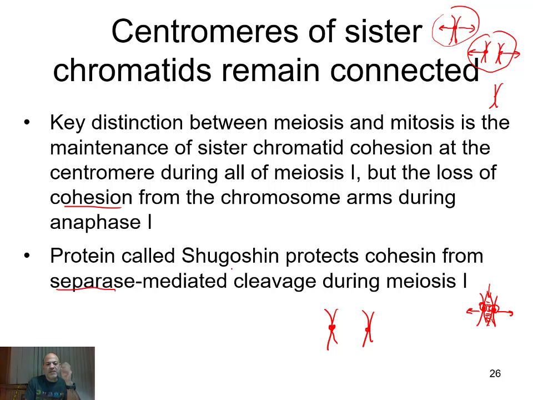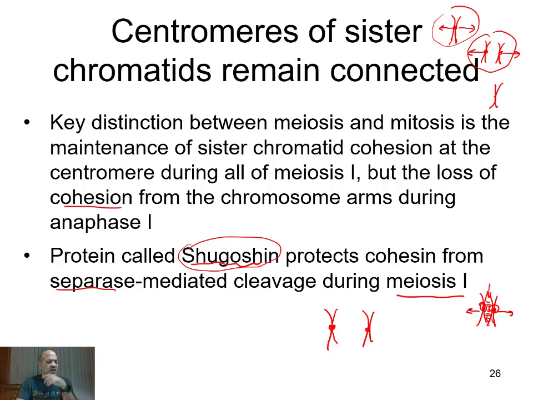And in meiosis, a protein that's been identified called shugoshin helps protect cohesin from being broken down during meiosis 1. And shugoshin is Japanese in origin, and it represents a guardian deity in Japanese culture. And so they named it after that, I think, and I believe it may have been Japanese scientists that discovered this.